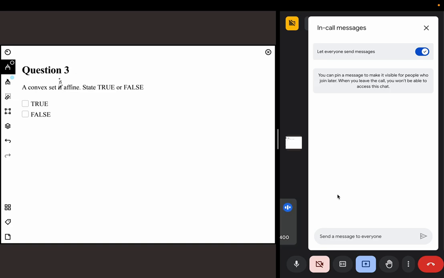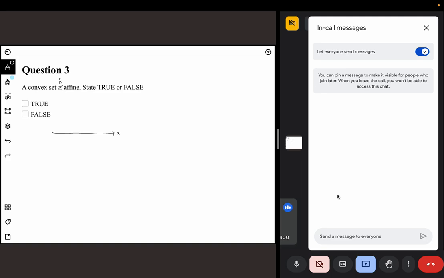See, if you have a line like this, let's say we take the x-axis, that is an affine set. Can I consider the x-axis as a convex set? So the question is, will every convex set be an affine set?